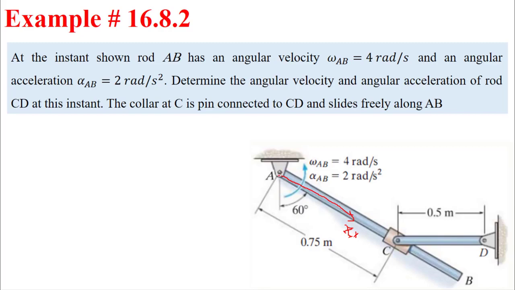Okay, and here is the y-axis. Why will we do this? Because we'll minimize the number of substitutions of the cosine and sine of the angle given in the problem. If we keep it like this, for example, we'll face a lot of trouble.